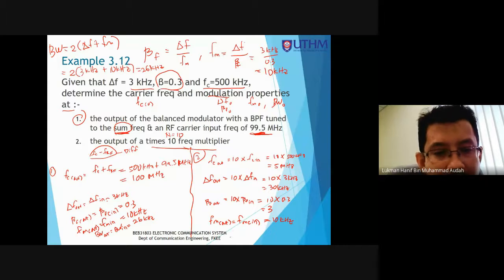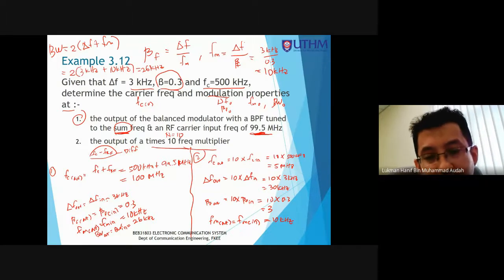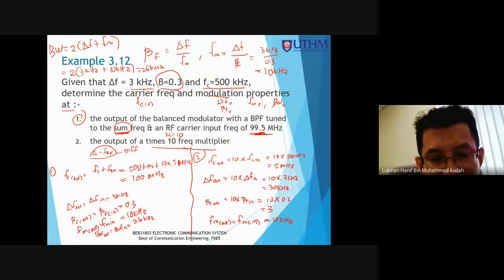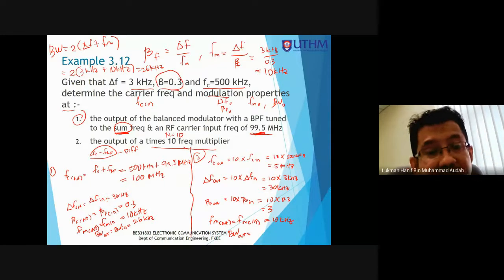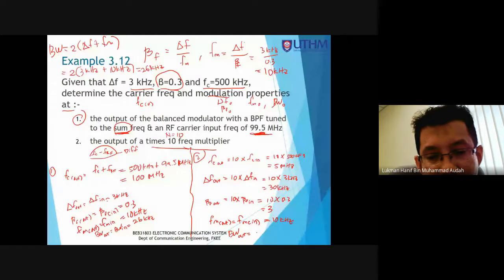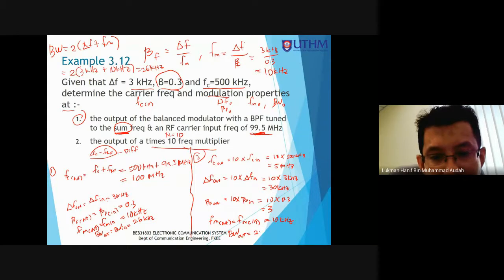Okay, what about bandwidth out? So since previously we used Carson, we can use Carson again. So that means bandwidth out is equal to 2 times delta F, now become 30. Okay, delta F daripada 3 kHz menjadi 30 kHz.